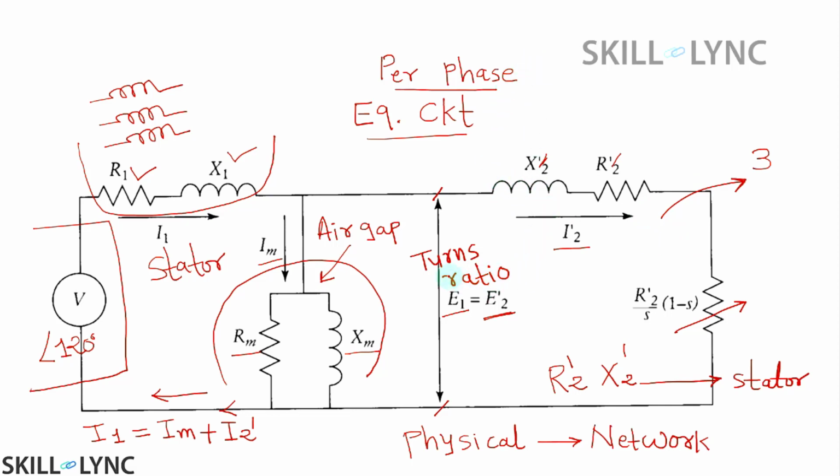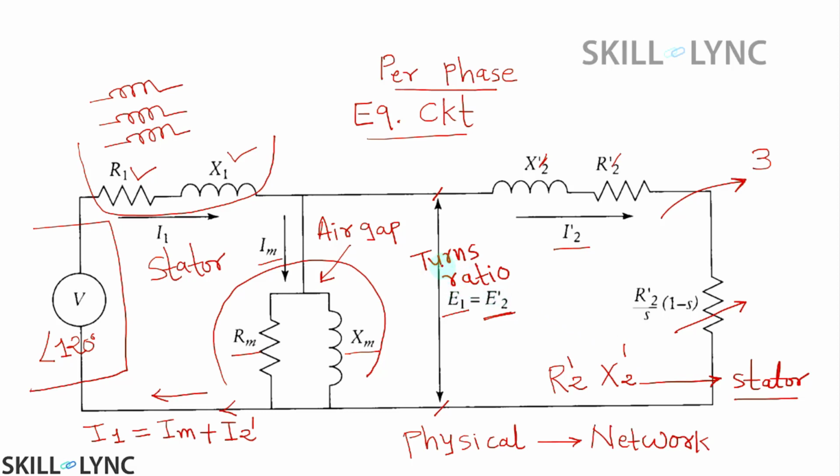This turns ratio is considered, and those parameters are referred with the stator as the point of consideration. Now this is going to be a complete circuit. We cannot connect these three parameters to the stator side unless we transfer them to the stator side.